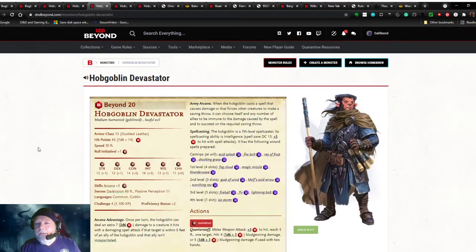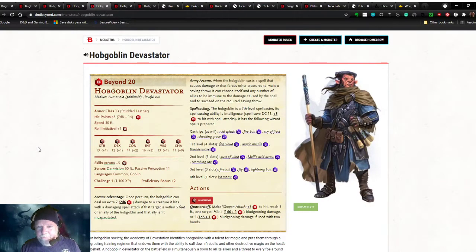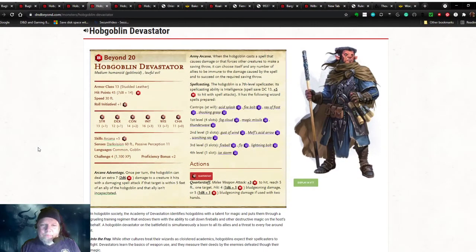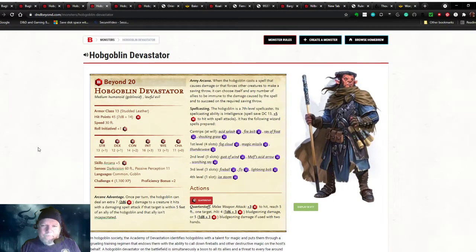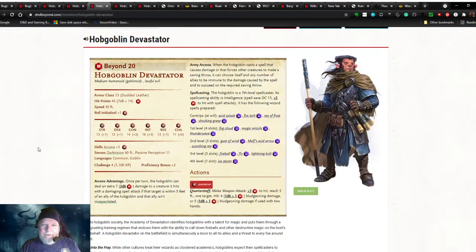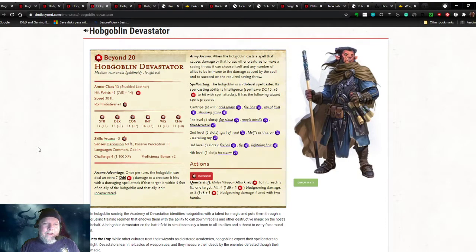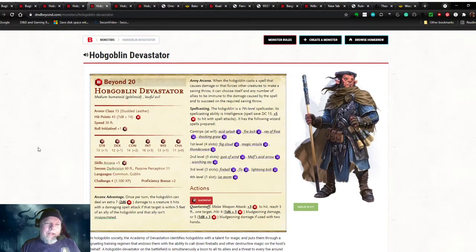Then we come to the Hobgoblin Devastator. Okay, so the Hobgoblin Devastator is a spellcaster. Kind of like a Hobgoblin Wizard, if you will. And or perhaps a Hobgoblin Sorcerer or Hobgoblin Warlock, something like that.